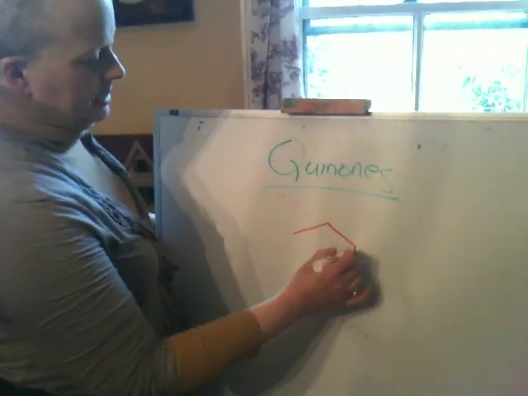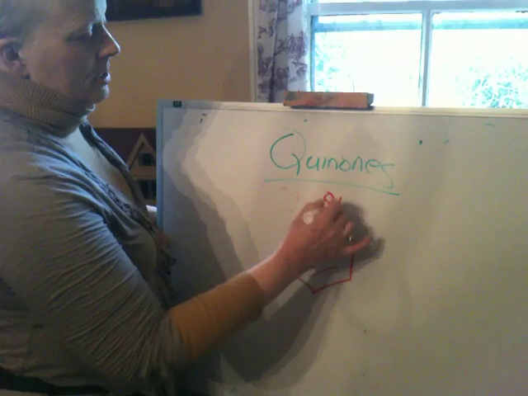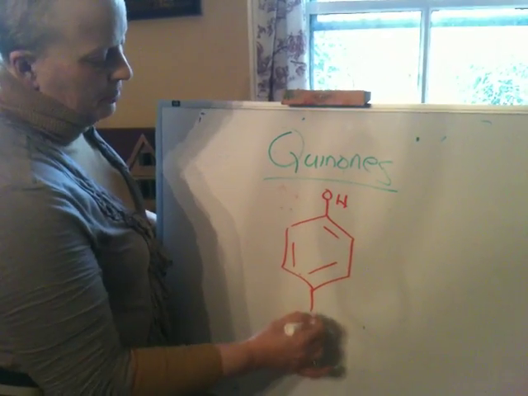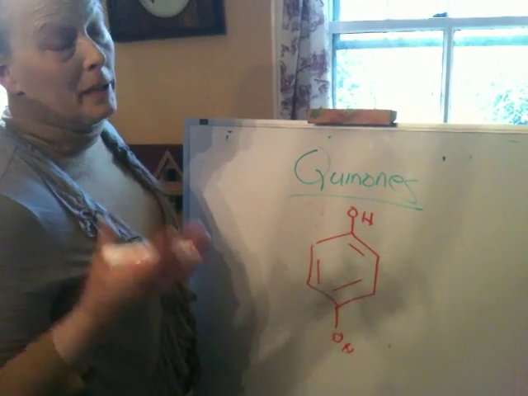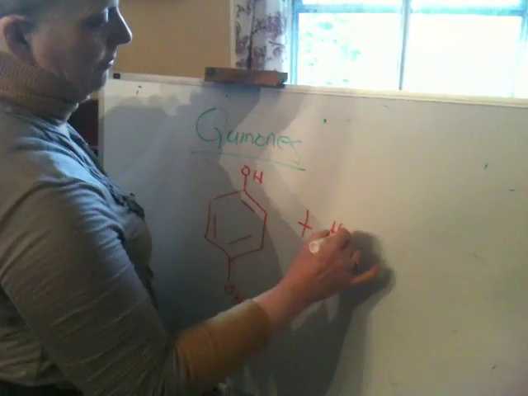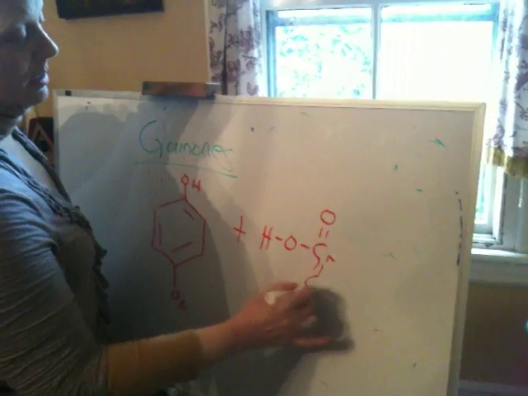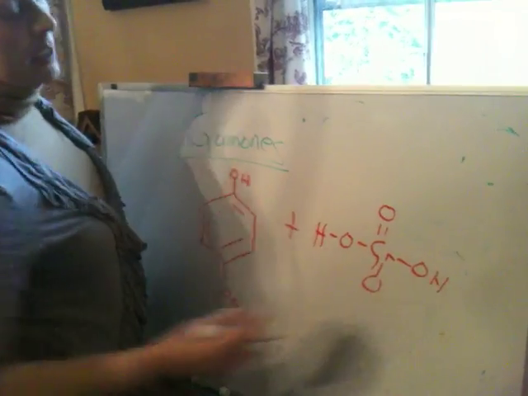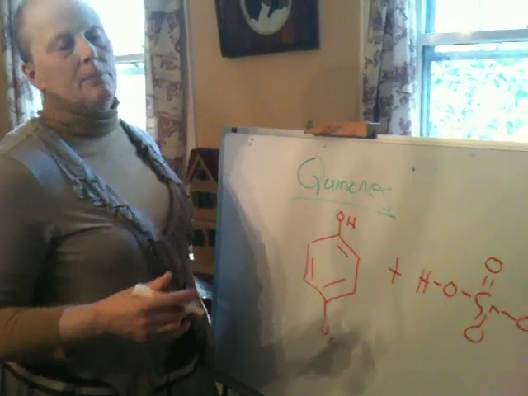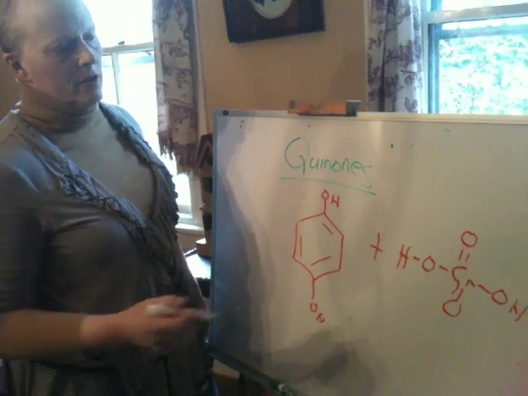And to be honest, this mechanism is pretty much made up by me. I've never seen this mechanism written in a textbook anywhere, but this is roughly what I think is happening. So you're using some kind of an oxidizing agent under hydrated or aqueous conditions.